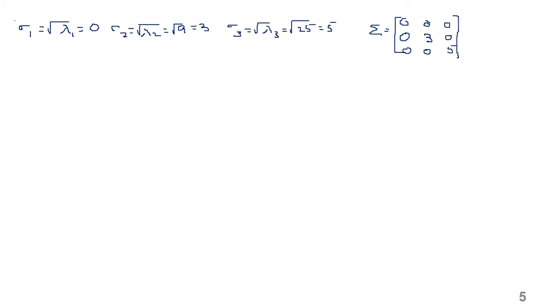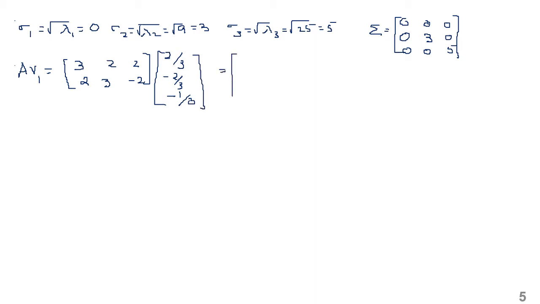Final step is to find out U matrix. In order to find out U matrix, we need to find out AV1. That is, A is 3, 2, 2, 2, 3, minus 2 multiplied by V1, 2 by 3, minus 2 by 3, minus 1 by 3.